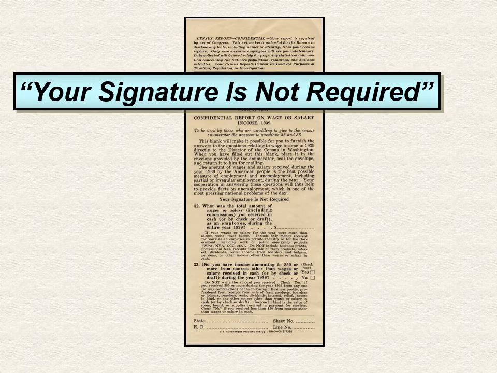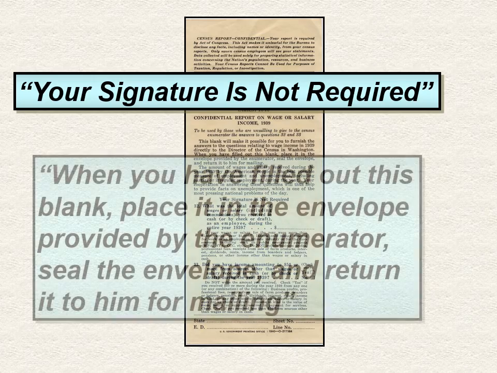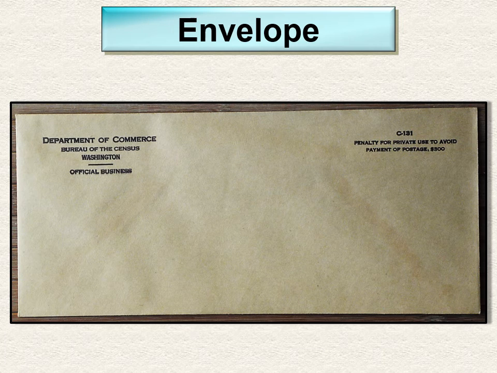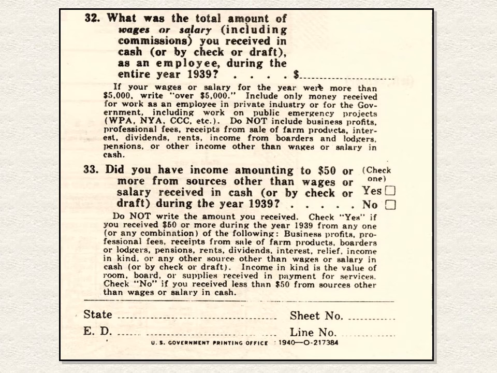After you finish, I have an envelope here. I want you to put that in the envelope and seal it, and I will mail it. It kind of doesn't make sense to me today that the person who didn't trust you with the answer trusts you with a sealed envelope. But that was the thing, and you were supposed to mail the envelope into the census office.